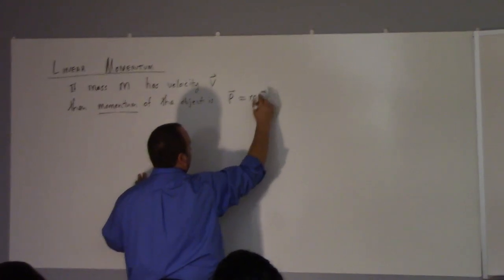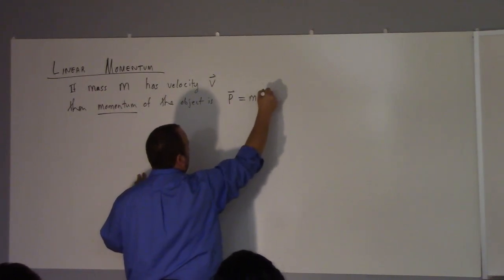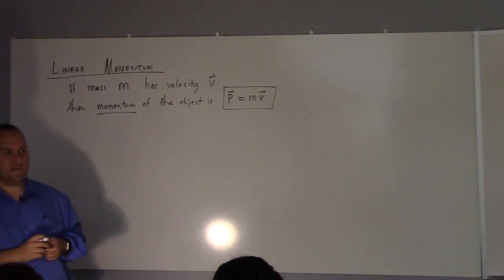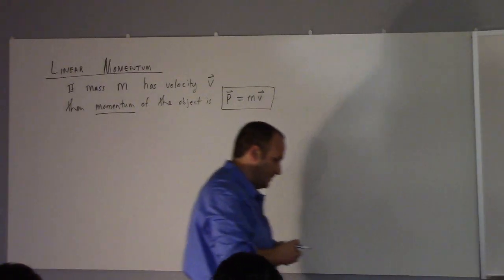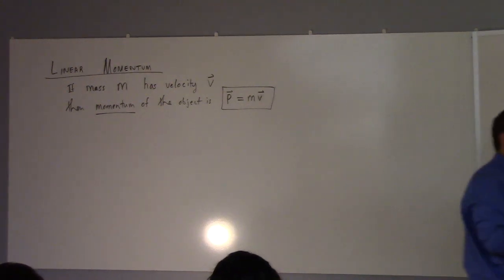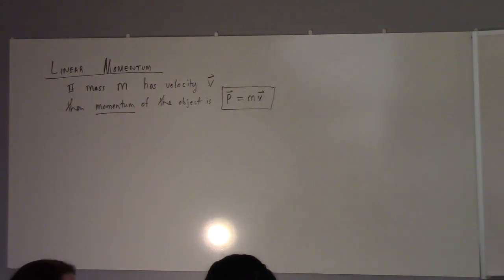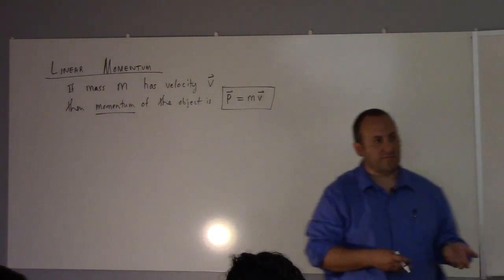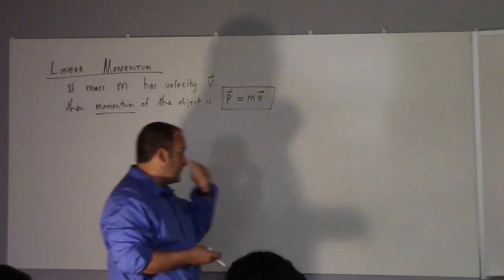So momentum is mass times the velocity. You might notice that momentum is a what? Momentum's a vector, right? Now, a lot of times we work problems which are one-dimensional, in which case we can just use a number to represent momentum, and then the sign of it, plus or minus, will indicate left or right. But generally, in two-dimensional or three-dimensional problems, we've got to think about momentum as a vector.